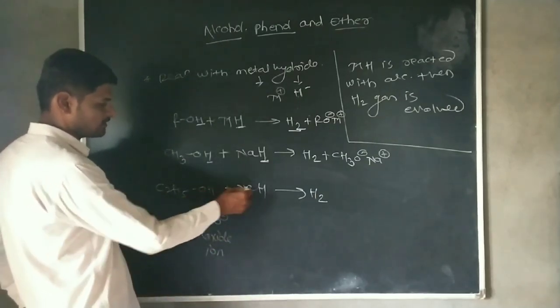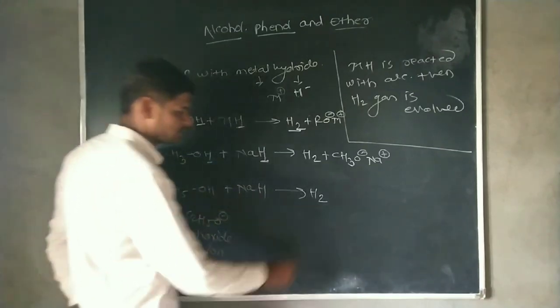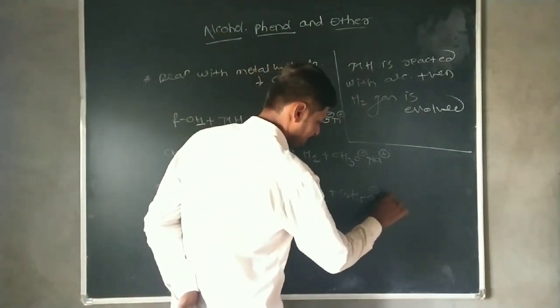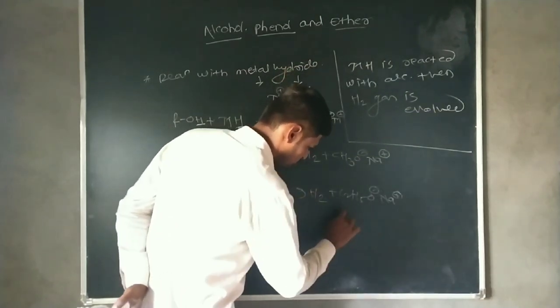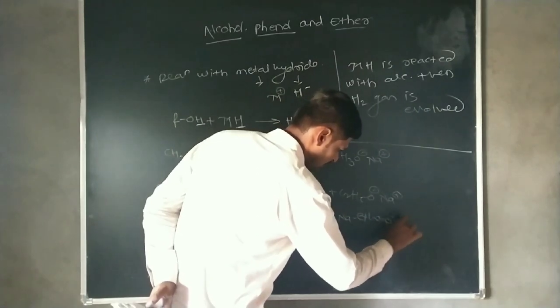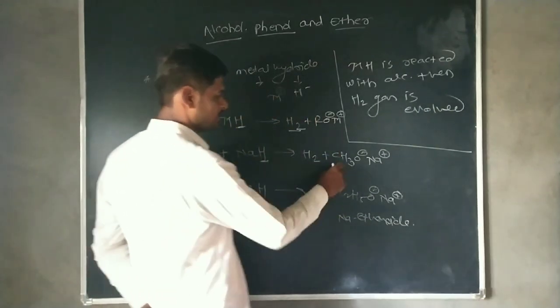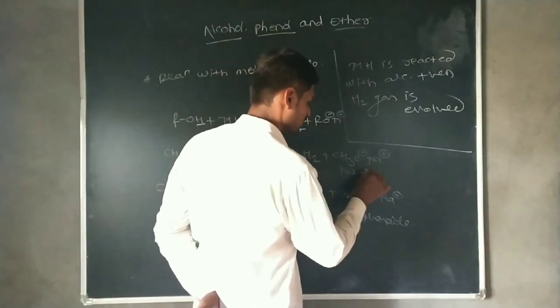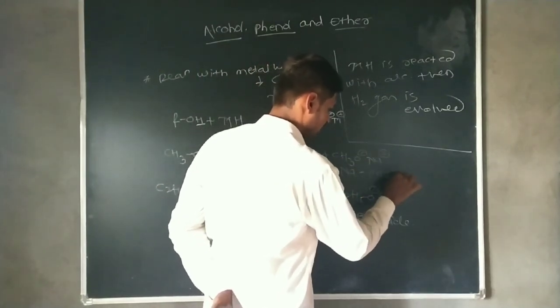This ethoxide ion combines with or attacks the Na plus ion, and there is a formation of sodium ethoxide.